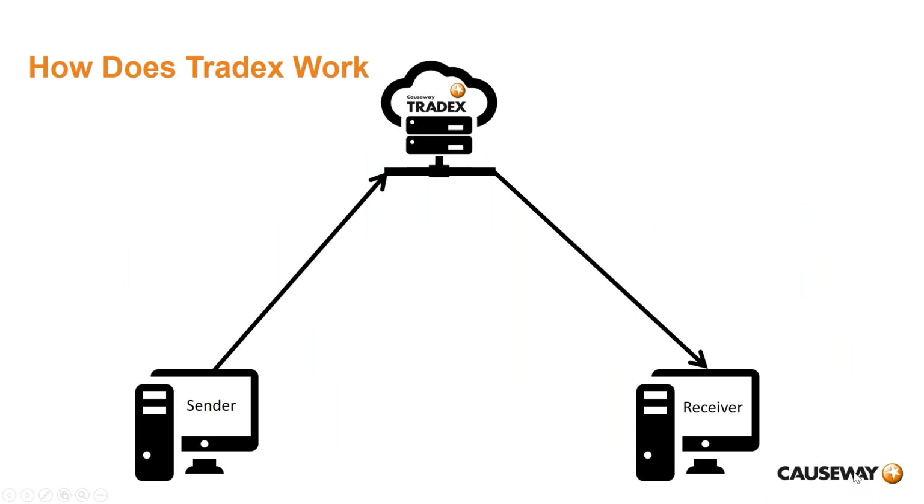Okay, so let's move to more detail and talk specifically about the Tradex platform itself. That was a very generic way. Now, in the Tradex world, the way we handle that specific connection is through a sender sending a document, and let's say we receive a data file as one method.